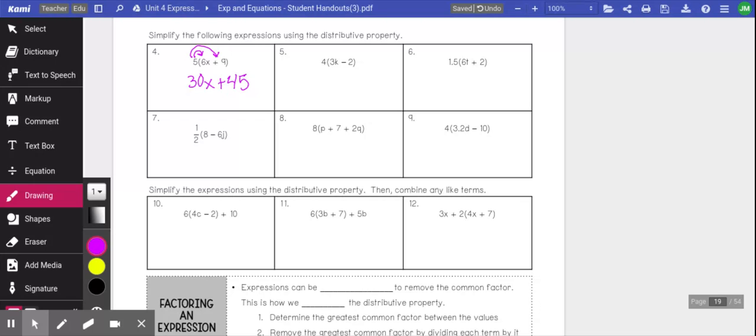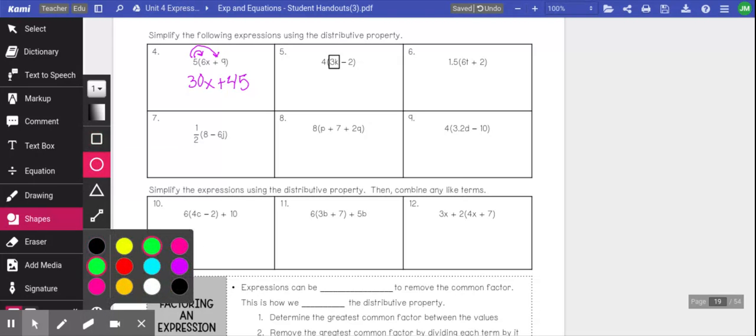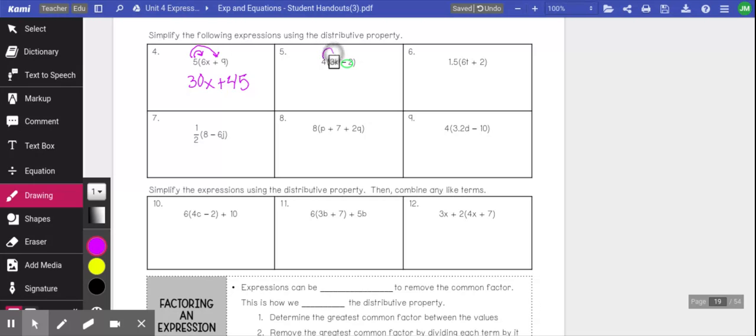And just like before, when I was talking about paying attention to constants and coefficients, we still have that. This is, in fact, a positive 3k, and then we also have our negative 2 in there. So when I am distributing, I'm distributing that positive 4 to a positive 3k to get 12k. And then I'm going to distribute that 4 to the negative 2 and end up with a negative 8, because a positive 4 times a negative 2 is going to equal a negative 8.